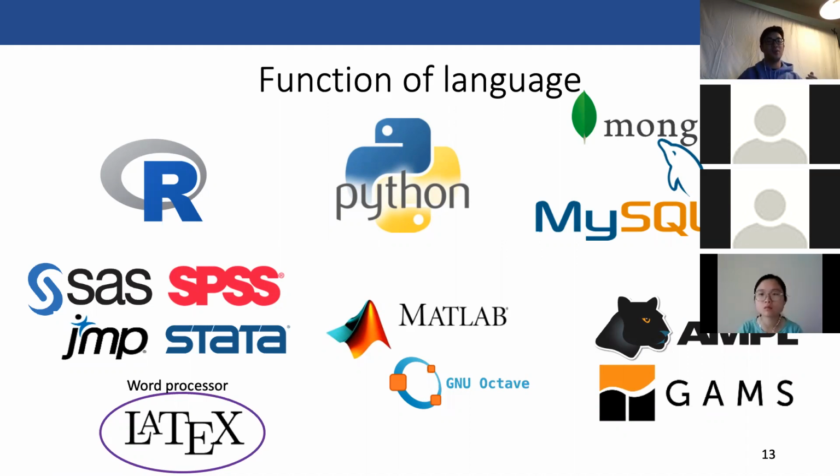CPLEX is the actual thing that solves the equation for you, and it is agnostic to the platform. So I could load CPLEX into GAMS or into MATLAB or into Python and use that to solve an optimization.